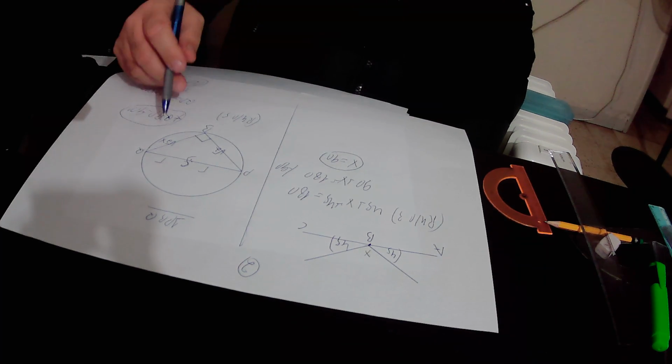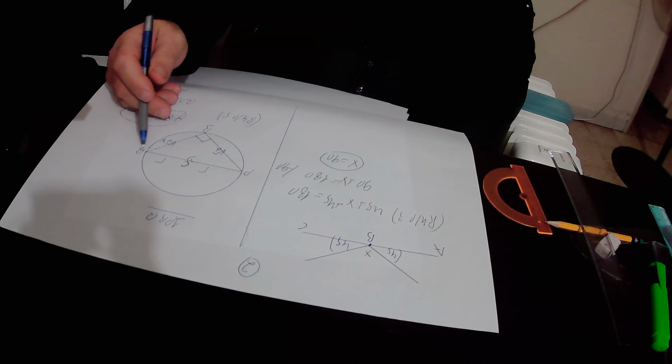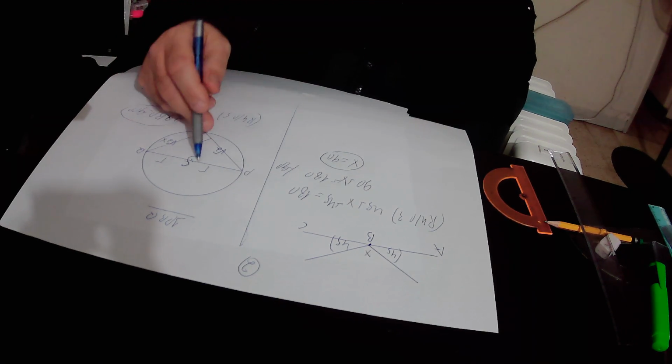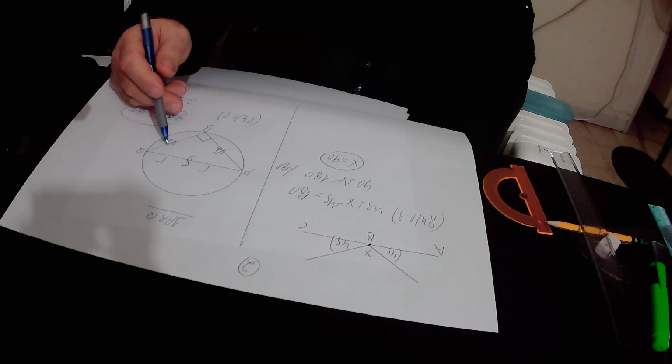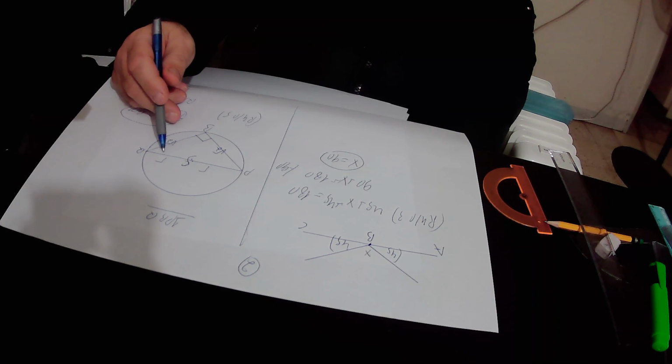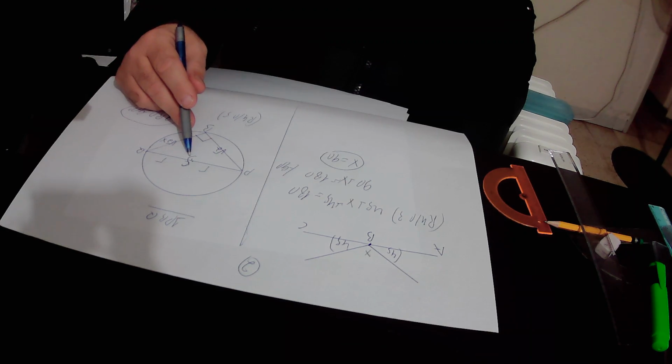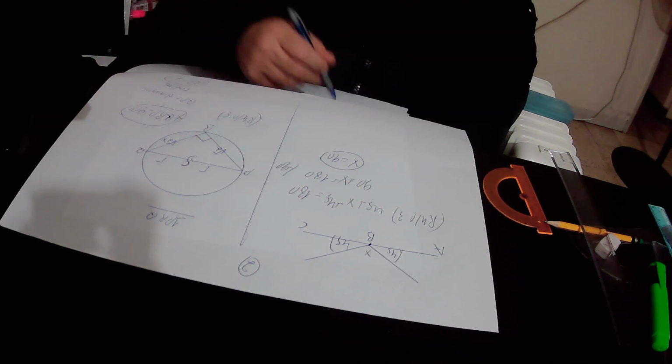And because QS is r and PS is also r, those two radii of this circle touch each other at point S. Therefore, point S is the center of the circle.